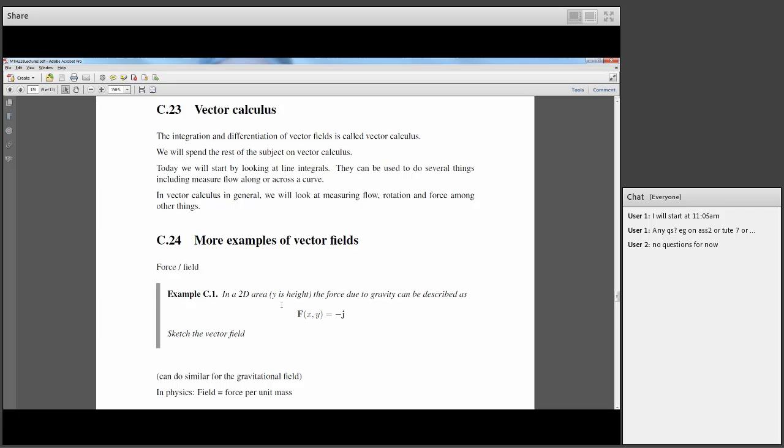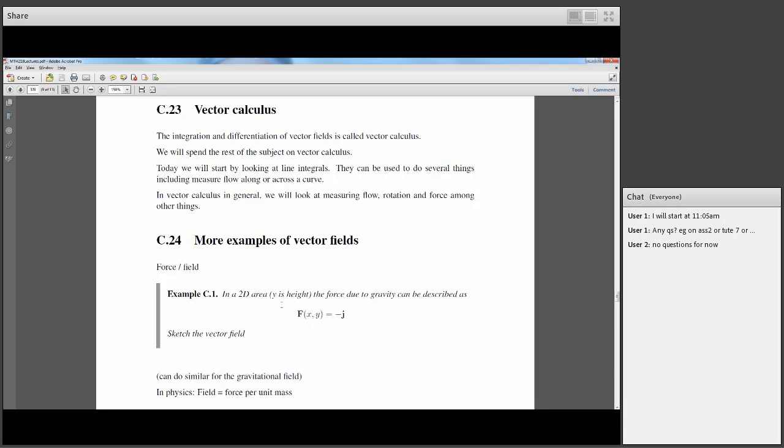When I very first mention line integrals, they don't tend to involve vectors at all, but you'll quickly see where they come in. But line integrals are useful in their own right. Where vector calculus is useful in the grand scheme of things is looking at how things flow. So you've got a fluid or you've got a force pushing things around, looking at how things flow.